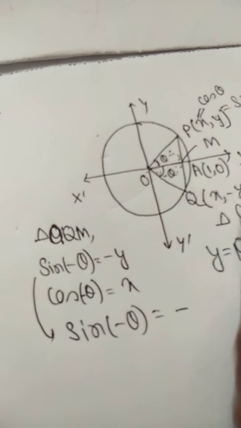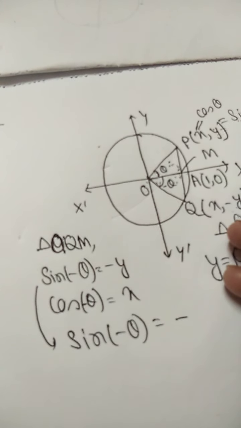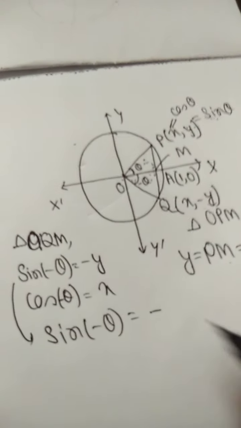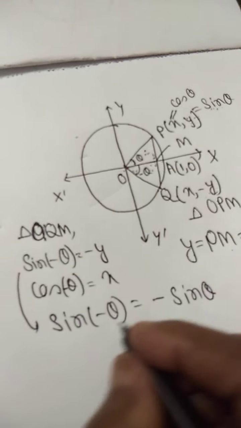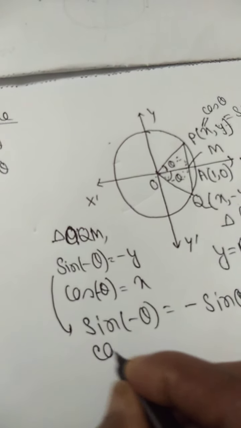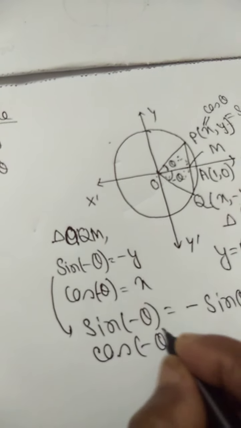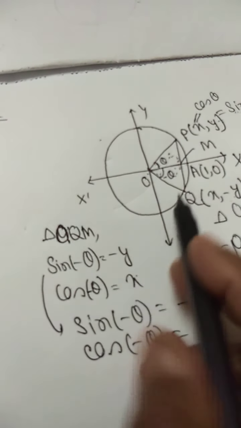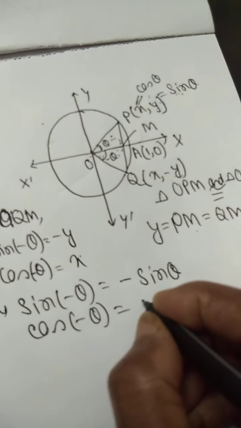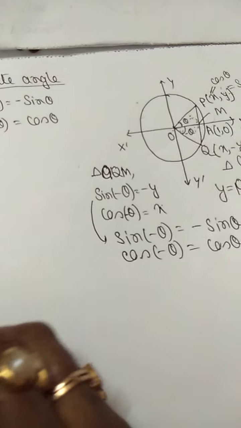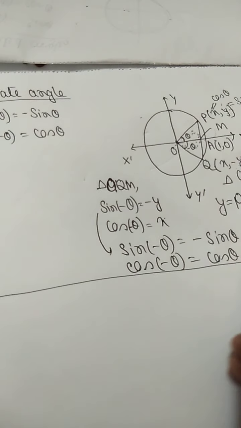What is y? y is nothing but sine theta. So sine of minus theta is nothing but minus sine theta. Similarly, cos of minus theta is nothing but x, and what is x here? x is nothing but cos of theta. So cos of minus theta is equal to cos of theta. Similarly, we can find the other trigonometric angles.